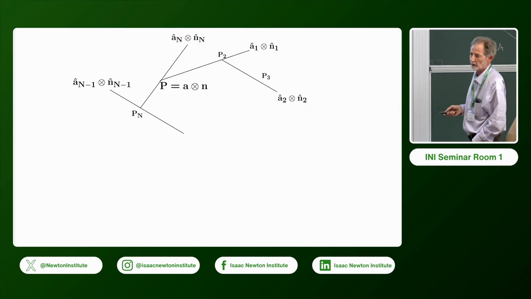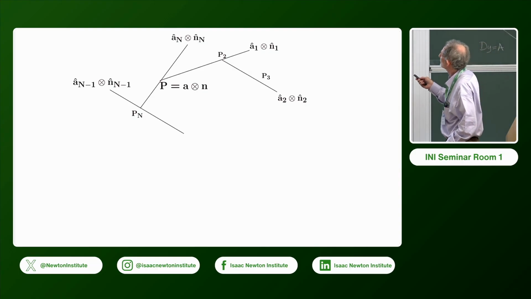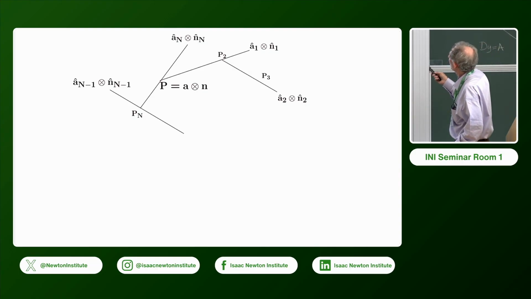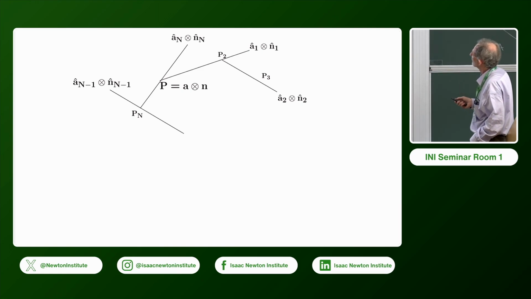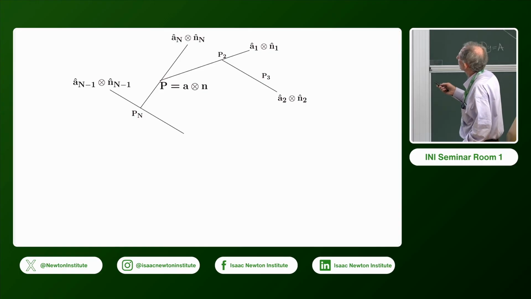Okay, so here's the picture then. You have P, which is A tensor N, and here I've got A1 hat tensor N1 hat. I've just drawn part of the supposed Tn configuration. And now you see that A tensor N is rank 1 connected to A1 hat tensor N1 hat.